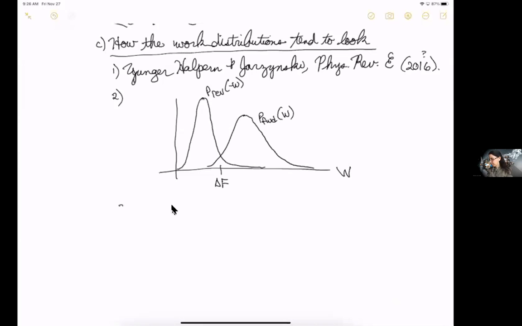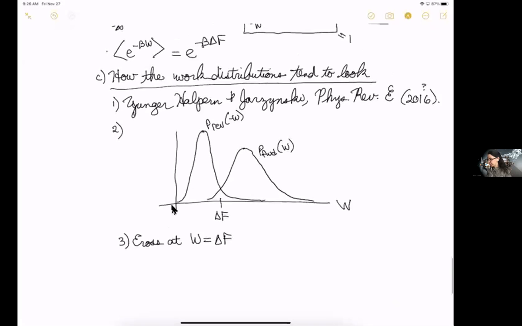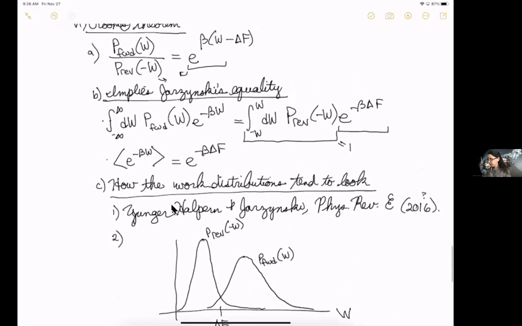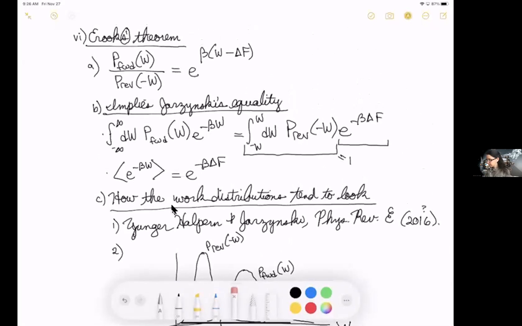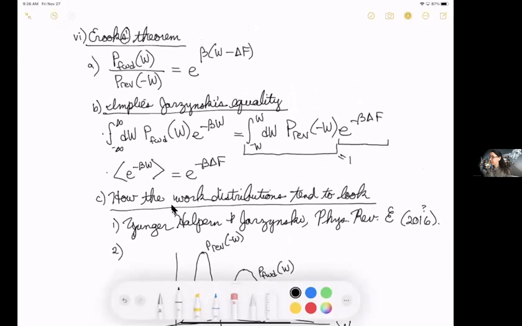There are some interesting properties to note. First, the curves cross when the work equals the free energy difference, as we can see by substituting into Crooks' theorem. If we substitute in the right-hand side W equals delta F, then this exponential equals 1.